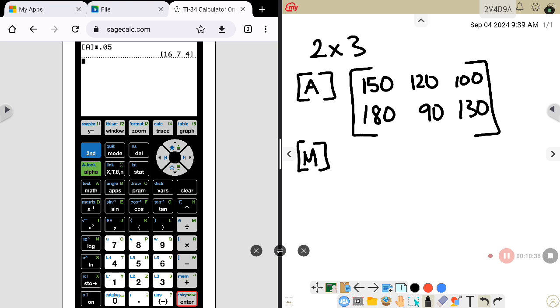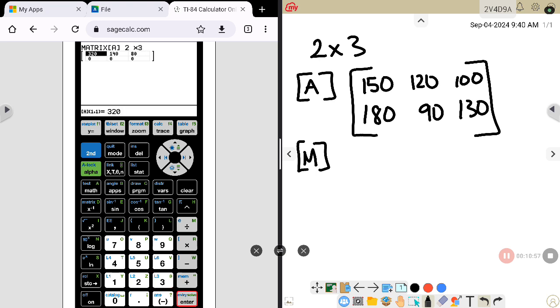So second matrix, go over to edit. We're going to put in our matrix A, which is a 2 by 3 matrix. So change the order to 2 by 3. So now we have all of the spaces that we need.